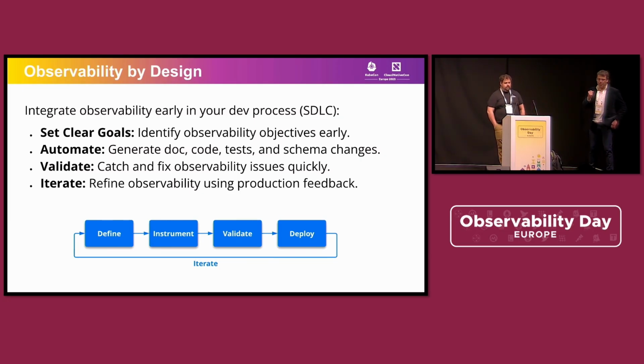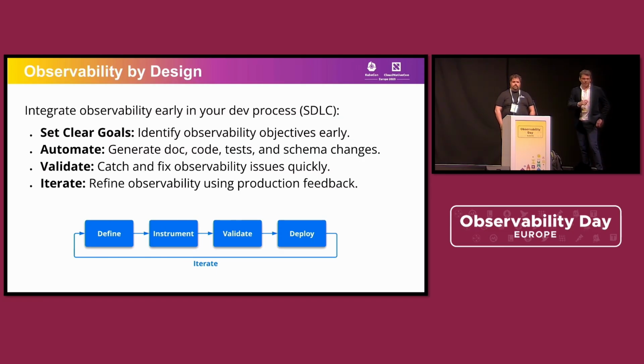We want to give you a set of solutions to create client SDKs that are purposely built for your system, exactly like with gRPC, where you can generate client and server stubs and just integrate that into your application. We want to do the same thing with observability. And we also want to give you ways to make sure that every time you change something, you are able to create some kind of delta, some kind of diff, and have policies to check that it's compatible and properly documented.